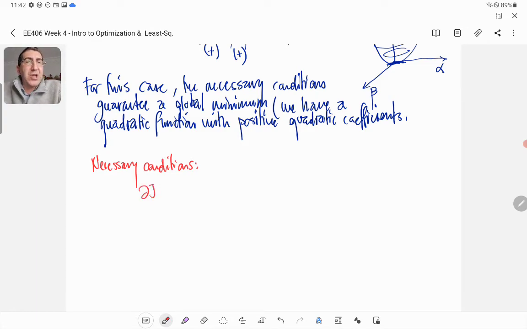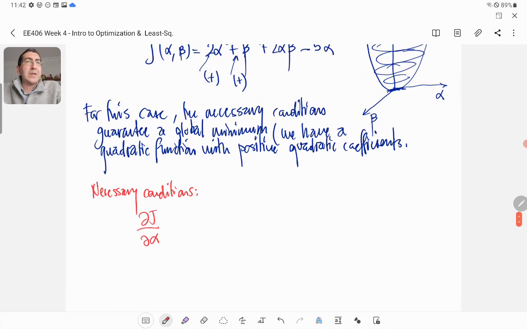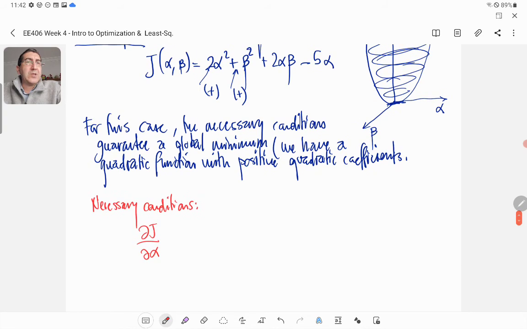So dJ over d alpha, the first variable. Let's take a look at our equation. So this is our J function. dJ over d alpha will be 4 alpha, plus no term from the beta square because there is no alpha term there, plus 2 beta, okay, minus 5 is equal to 0.